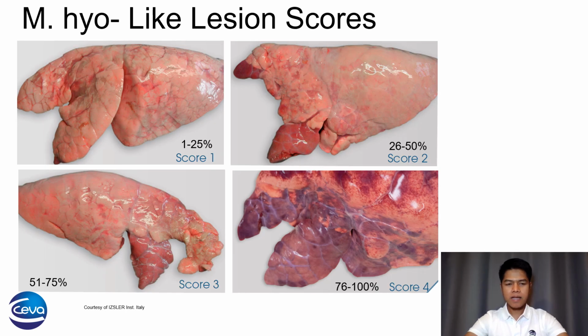This is an actual photo showing the different scores for bronchopneumonia. A normal pig lung should be soft when touched, smooth in texture, and pinkish in color. On the other hand, lungs with mycoplasma-like lesions are firm and dark in color.